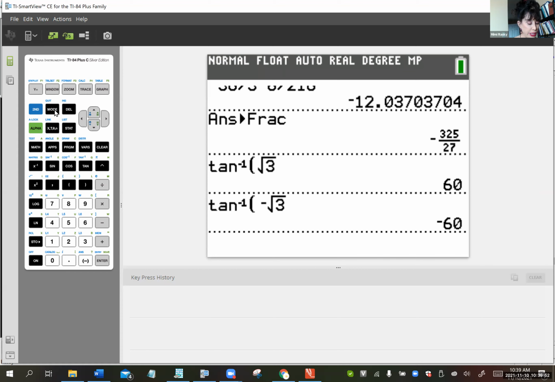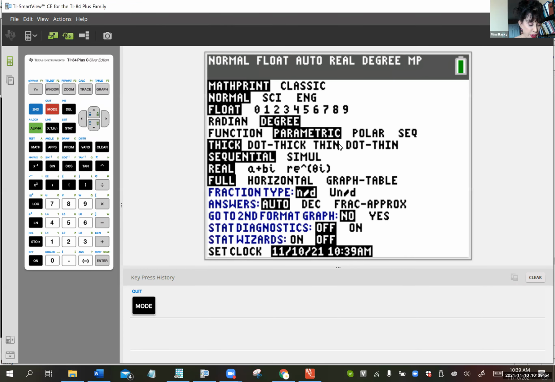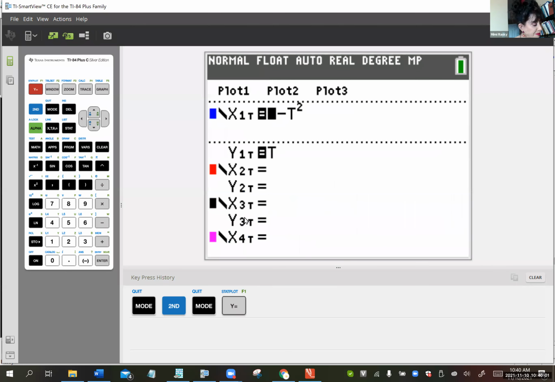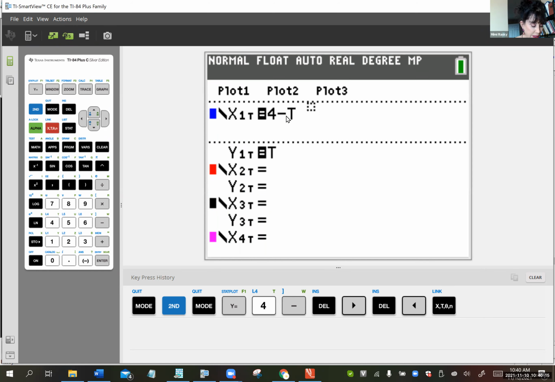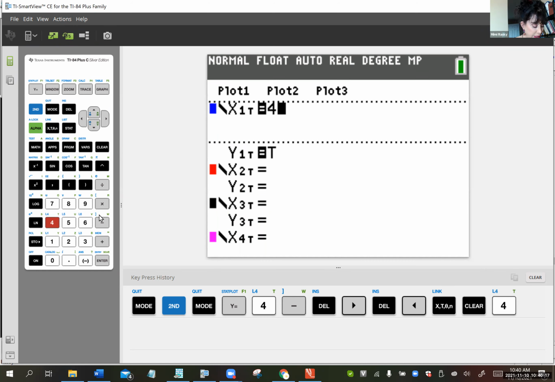I'm going to make sure that I'm in parametric mode. Oh, yes, I am in parametric mode. Fantastic. Then I go into y equals, and the x is 4 minus t.